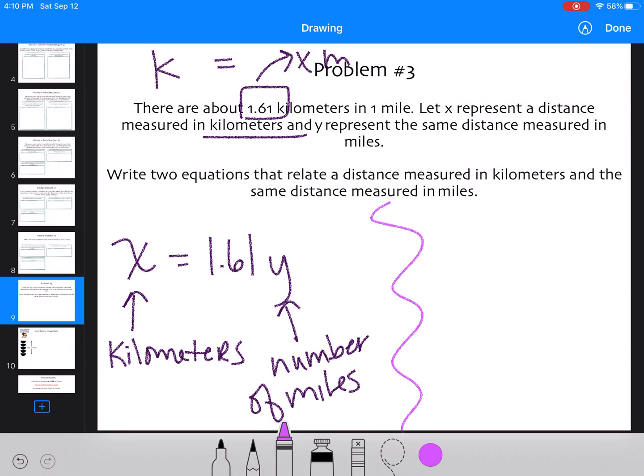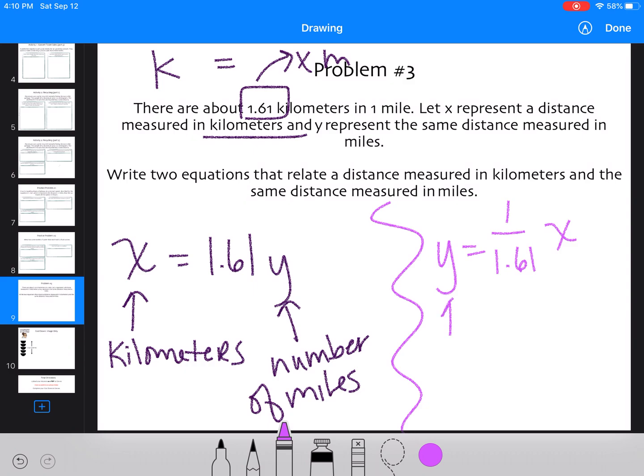So now they want another equation, so I have to reverse it, right? So I have to do it backwards. So I'm going to have to use the reciprocal. So now I've got y equals 1 over 1.61 x.